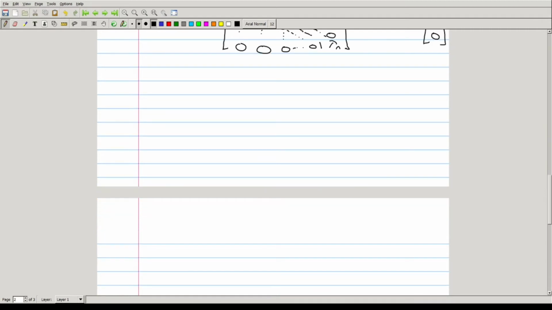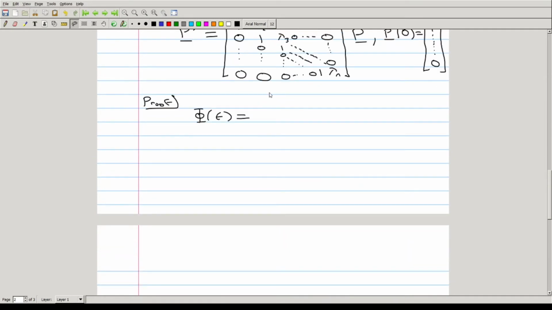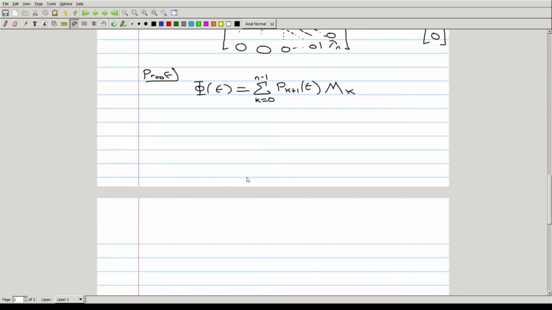So what we'll do is we'll start by defining capital phi of t as this sum right here. And then we'll go through and show that this satisfies the IVP. This is by our uniqueness theorem.